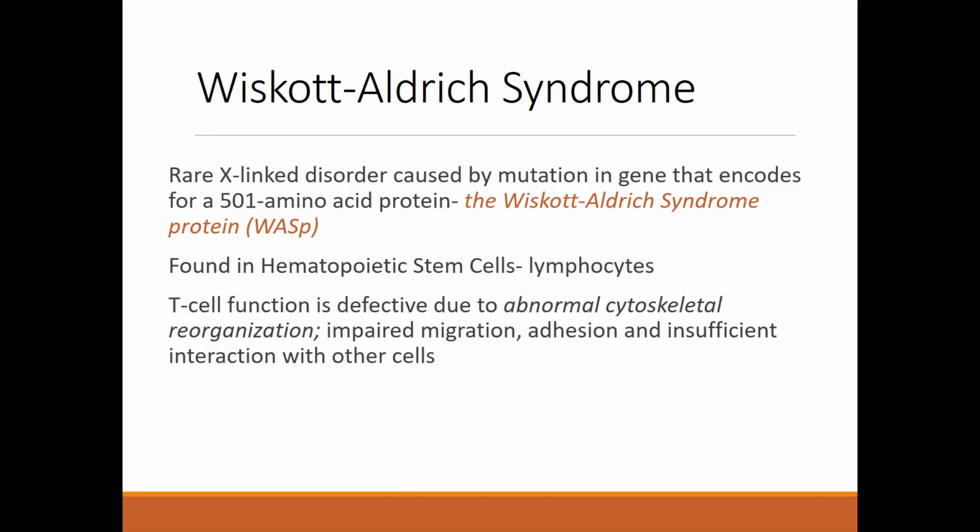So what happens here is that the T cell function is defective because of abnormal cytoskeleton reorganization, impaired migration, adhesion, and insufficient interaction with other cells. So this is all happening in these kinds of lymphocytes due to this mutation in the gene that encodes for this particular protein.